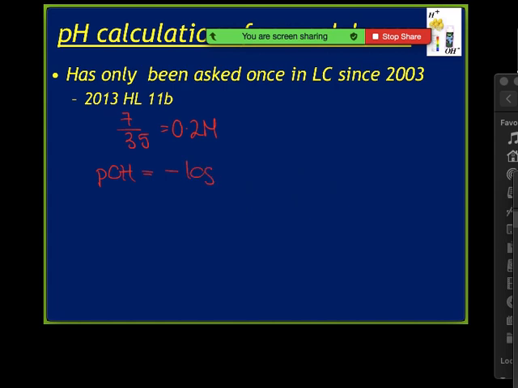So negative log to the base 10, it was your square root of Kb, which was 1.8 by 10 to the minus 5, multiplied now by the 0.2, which gave you 2.72, and then it was 14 take away 2.72 gives you 11.28, and because I can't see the question, I would put that as 11.3.